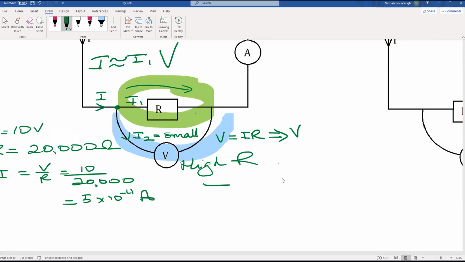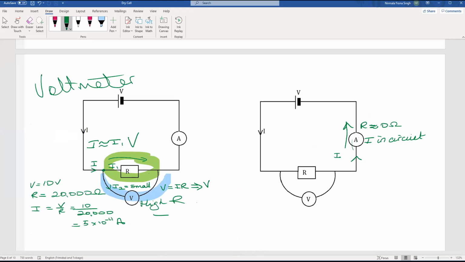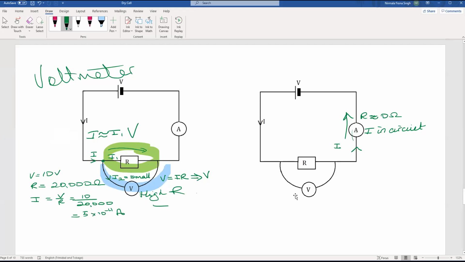Your voltmeter is always in parallel, and the resistance is very high, which is the complete opposite to your ammeter, where our resistance is nearly 0, and we connect it in series. So those are two things to remember when you have to do circuit setup. Your voltmeter is always in parallel. Your ammeter is always in series.